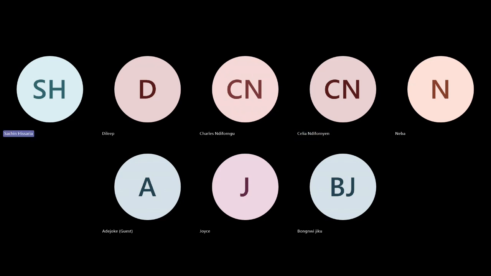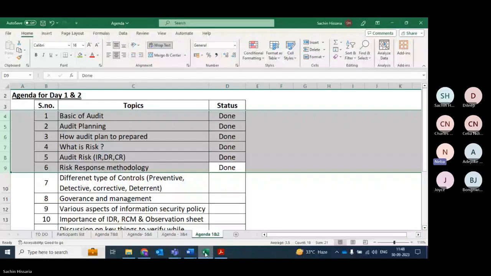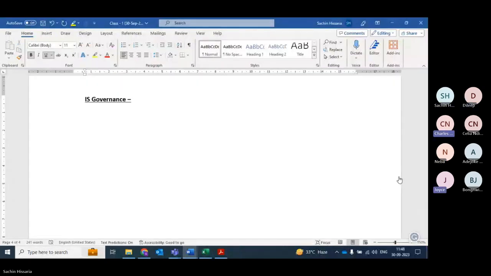Is it visible now? Not yet. Your screen is blank, there's nothing on it. My screen is not visible, guys? No, it's just a black screen. Okay, one moment. Now it's visible. Yeah, it's fine.